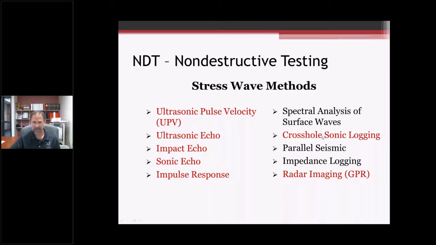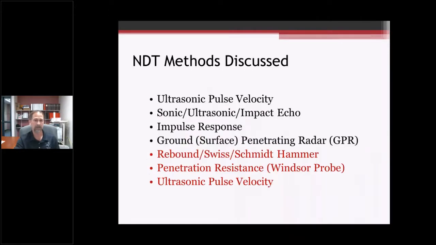If anybody has any questions about CSL, you can certainly submit them via the chat function. But like I said, we're not going to talk about that specifically. Again, it is just a specific application of ultrasonic pulse velocity. So these are the methods that we're going to be discussing.